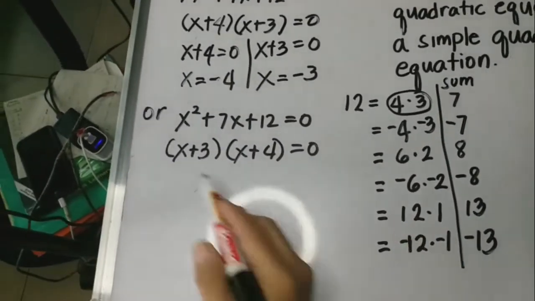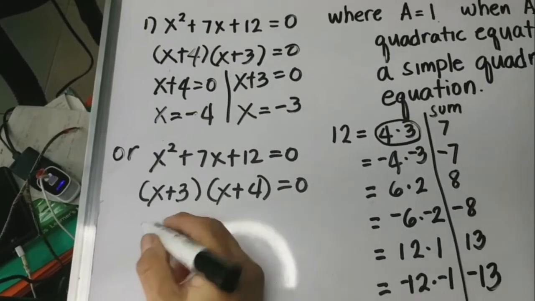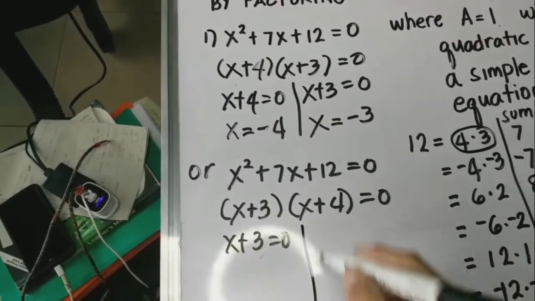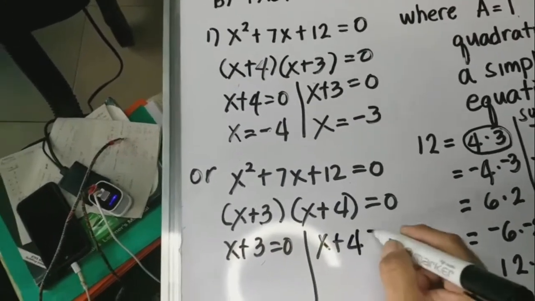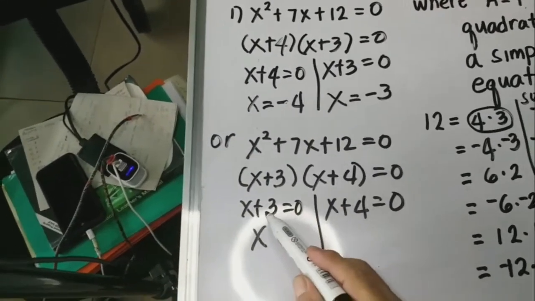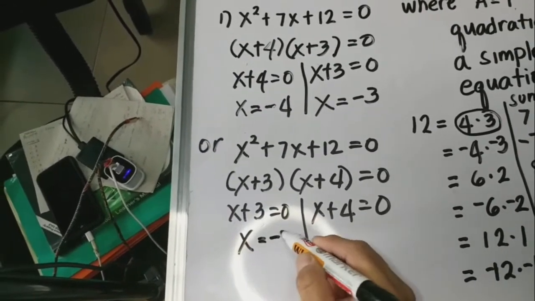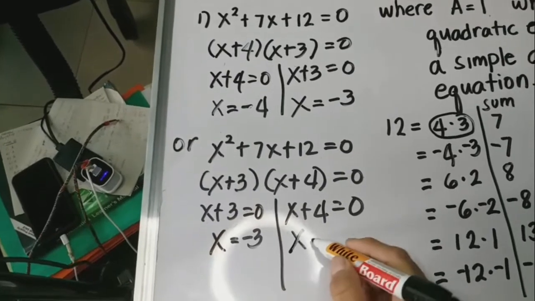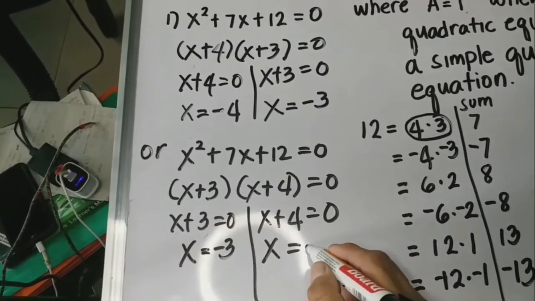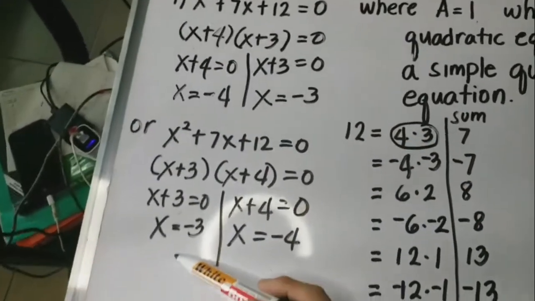Okay, let's try. Using the zero product property, x plus 3 equals 0, then x plus 4 equals 0. Solving for x, transferring positive 3 to the right side of the equation, it becomes negative 3. Then positive 4 crosses the equal sign, and it becomes negative 4. Look at the answers now.